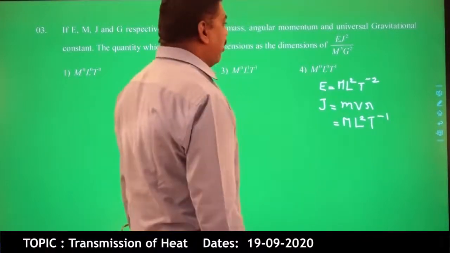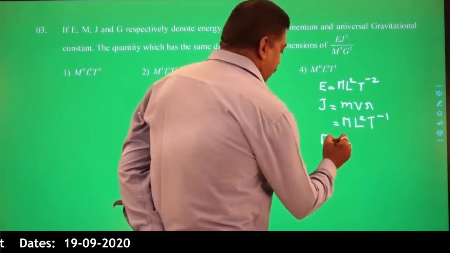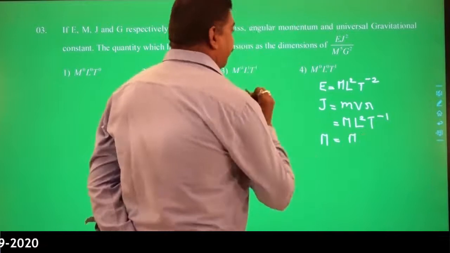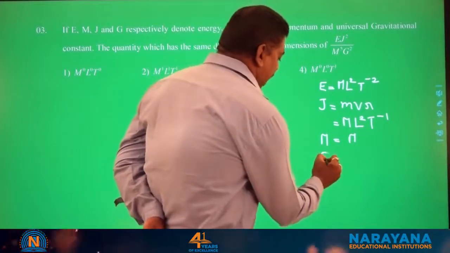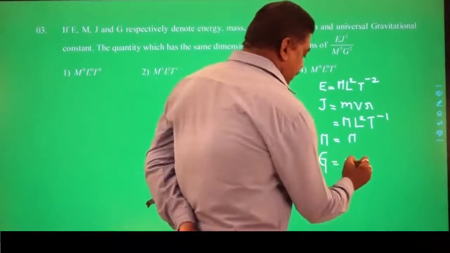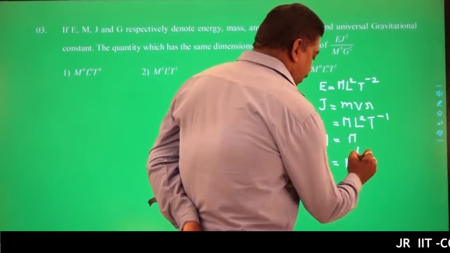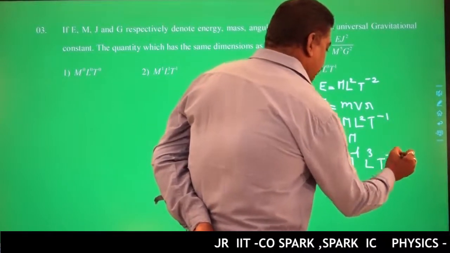That is your J value. Mass M is given as capital M itself. Universal gravitational constant is given as M inverse L cube T power minus 2.